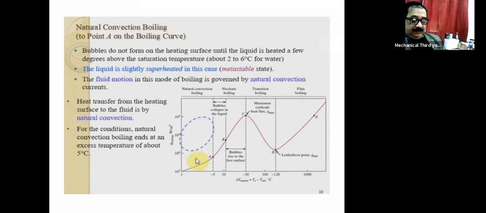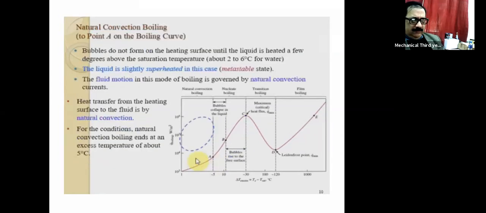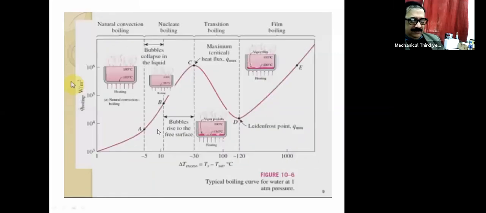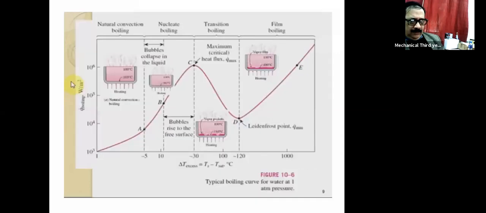Then comes the next one, nucleate boiling, and that's between A and C. You can see here, between point A and C, this portion.